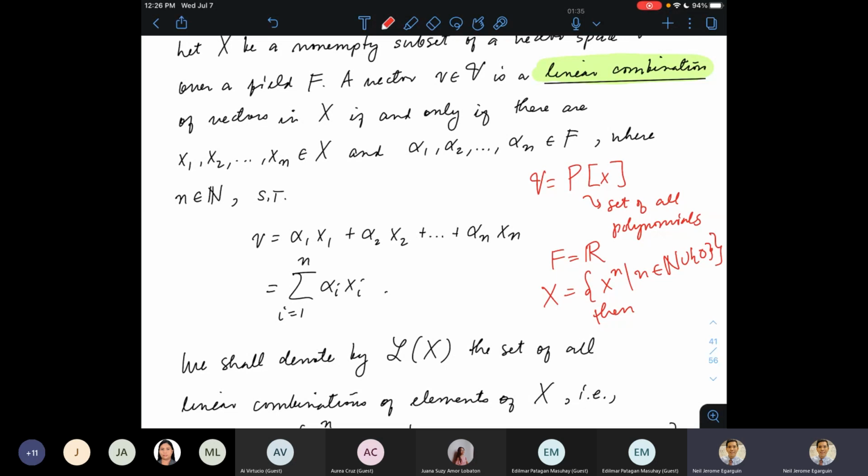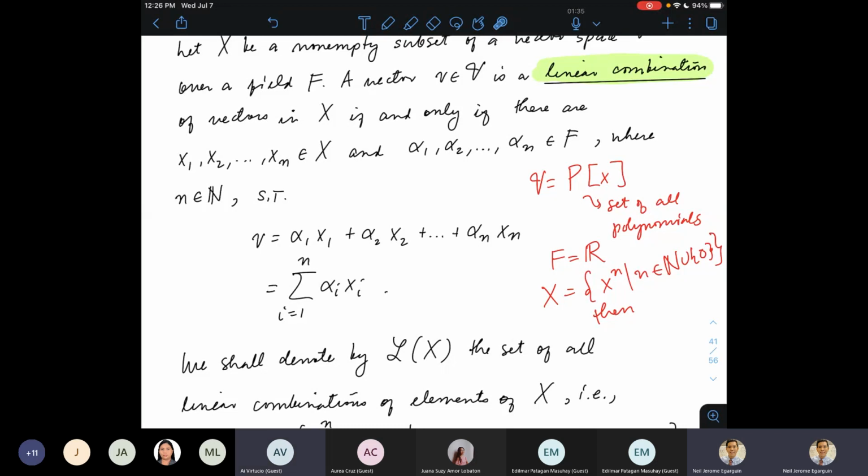So kung kolektahin ko lahat ng polynomial ng itsura ay x to the n, where n is a natural number or 0, then I'll be able to generate the set of all polynomials as a linear combination of the big X or the set big X. All right? Okay? Is that okay, guys?